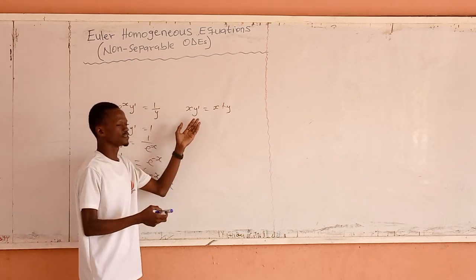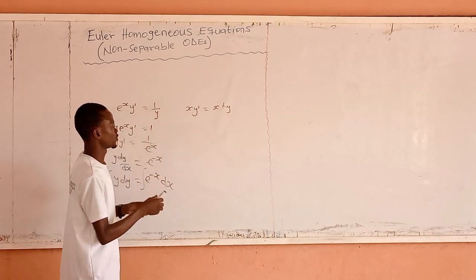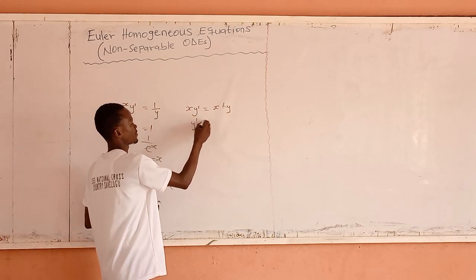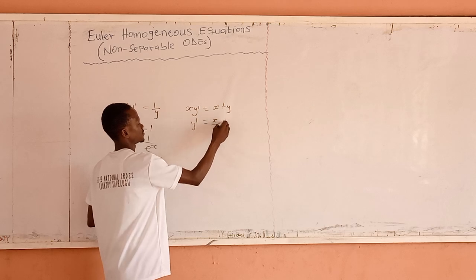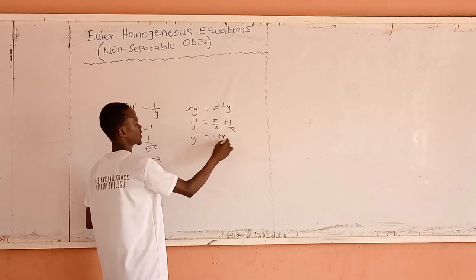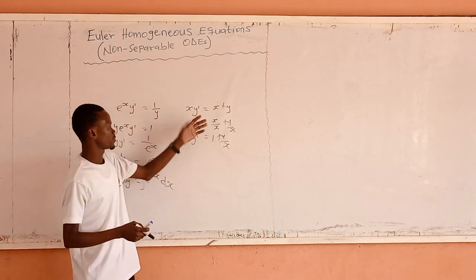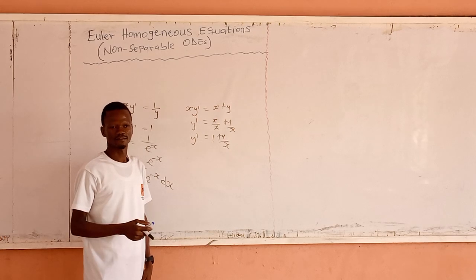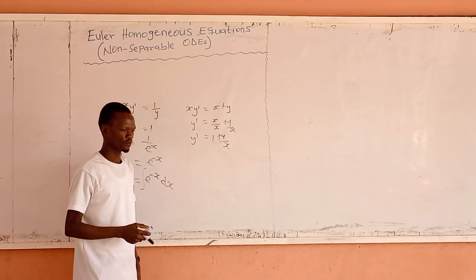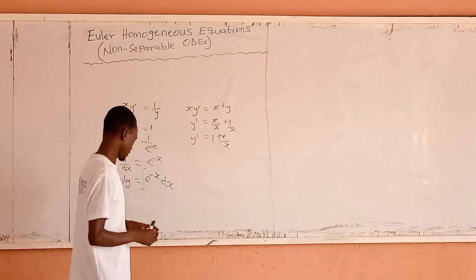If I want to separate the variables, I will divide by x, and I'm going to get y prime to be equal to x over x plus y over x, and y prime to be equal to 1 plus y over x. So looking at this, you realize that it is not practically possible to separate the variables. So we call this type of equation the non-separable ordinary differential equation.